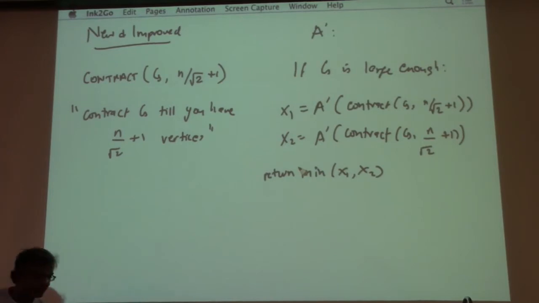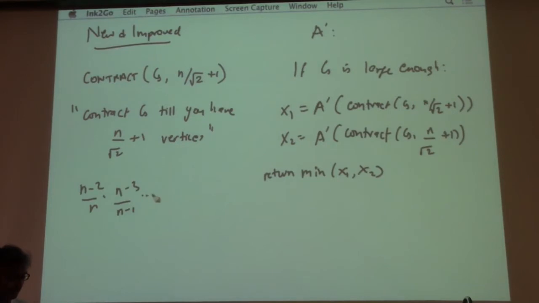Basically, as before, it's going to be the product of n minus 2 over n times n minus 3 over n minus 1, all the way down to n over square root 2 plus 1 over n over square root 2 minus 1. And again, if you do the gory details, this number turns out to be actually a very big number.